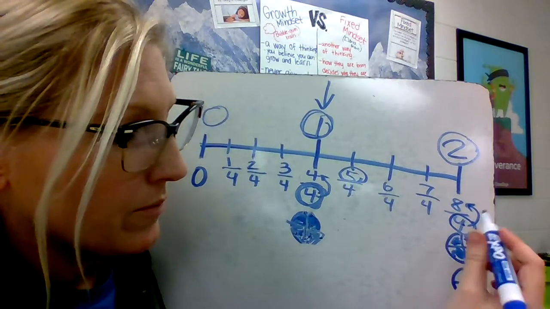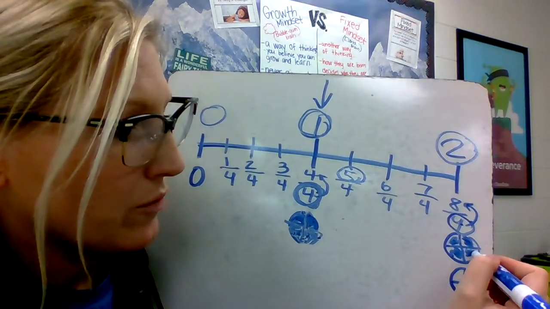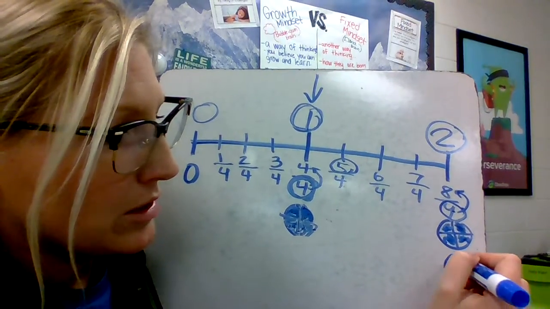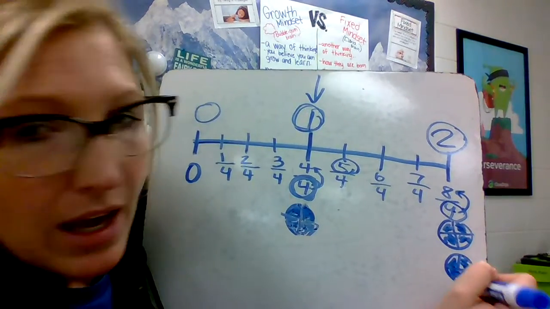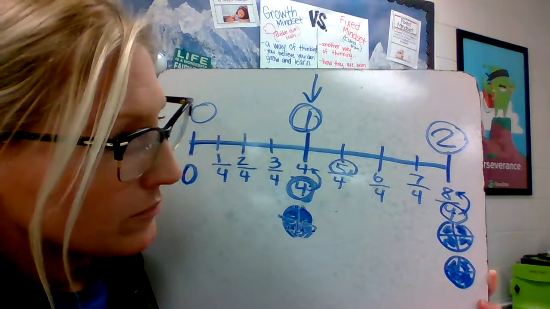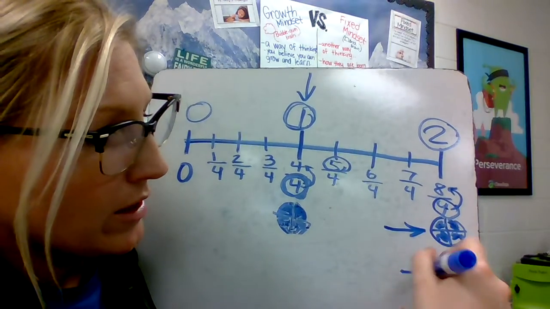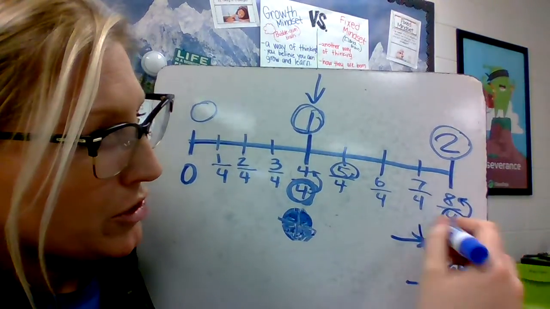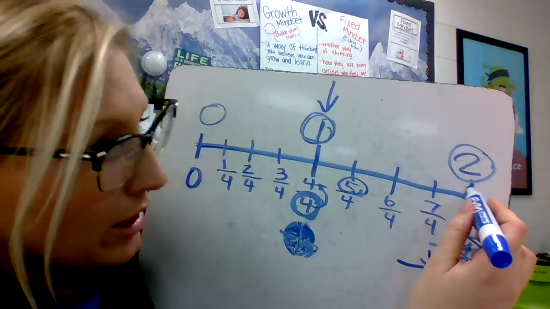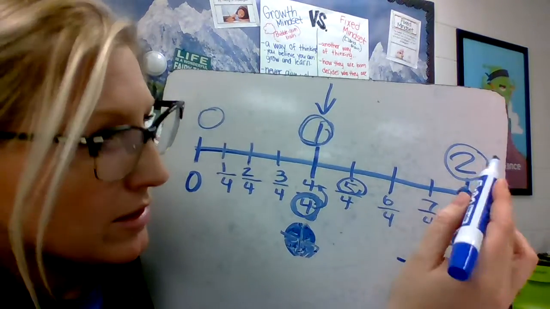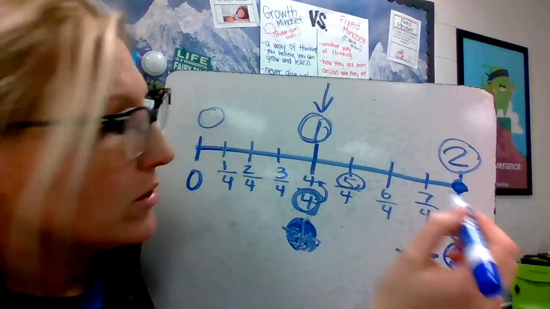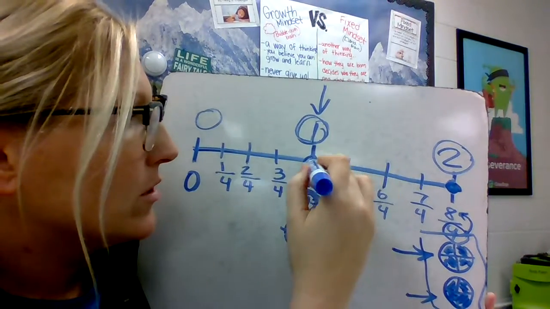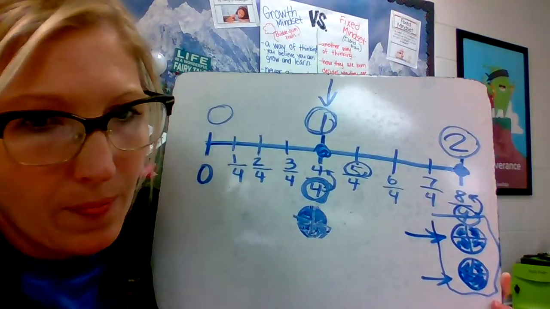We need fourths. 1/4, 2/4, 3/4, 4/4, 5/4, 6/4, 7/4, 8/4. So looky there. We have 1 and 2 wholes. So this is an image of what 8/4 looks like. And 8/4 on a number line takes us all the way to 2 wholes on a number line. 4/4 gets us to 1 whole.